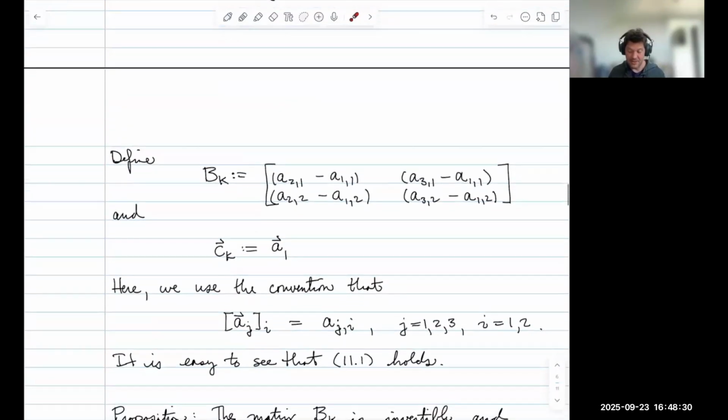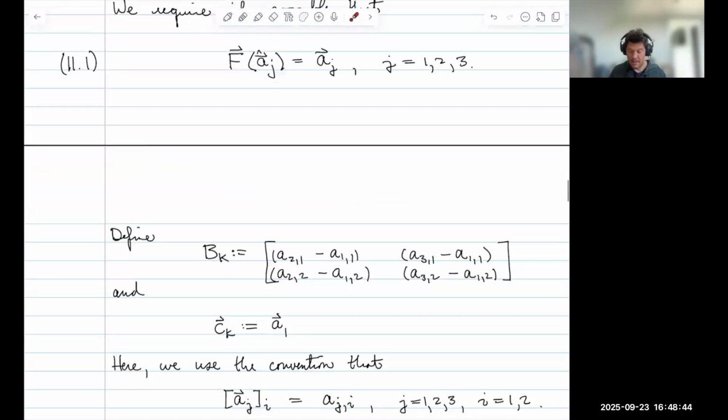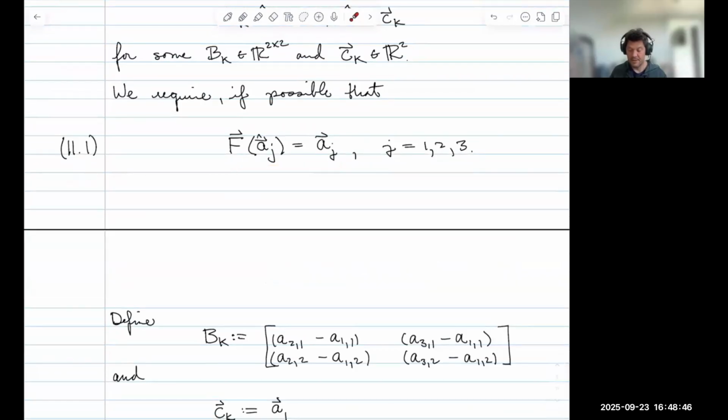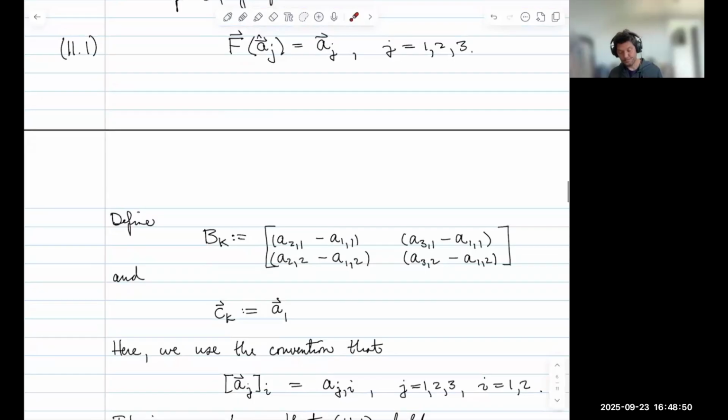I'm going to leave it as a very easy exercise for you to show that if I pick BK to be this 2 by 2 matrix and my shift vector to be this vector, then I precisely get this preservation. I get a lot more properties as well.